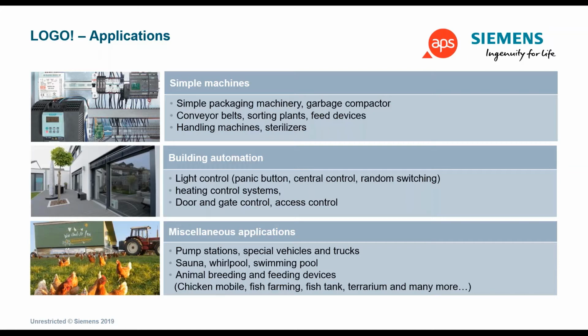We also have door and gate control as well as access control. And then miscellaneous applications, we're looking at pumping stations, so like remote pumping on farms, specialty vehicles, sauna applications, swimming pool, animal feeding, and the list goes on and on.